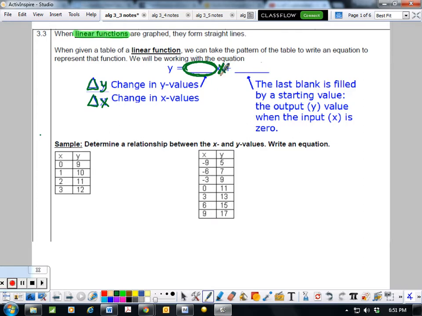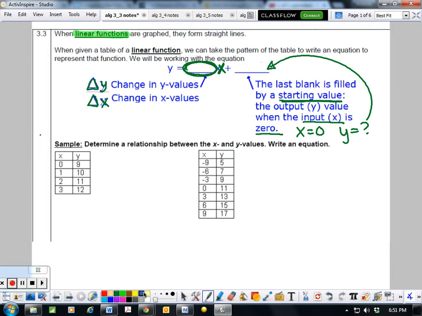Now, the last value is actually what we call a starting value. It's the output, or it's our y value, when x is equal to 0. So when x is 0 in the table, I'm looking for what is that y value. And that's the number that's going to go right here. So we're going to look at a couple problems.